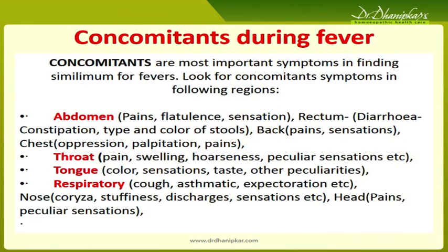So all these systems, whenever they are expressing symptoms at the onset of fever or at the onset of chill, become important. What I mean to say is, the concomitants are the symptoms that we need to inquire for, and when they come in the most uncommon way, note them down to understand the person further.